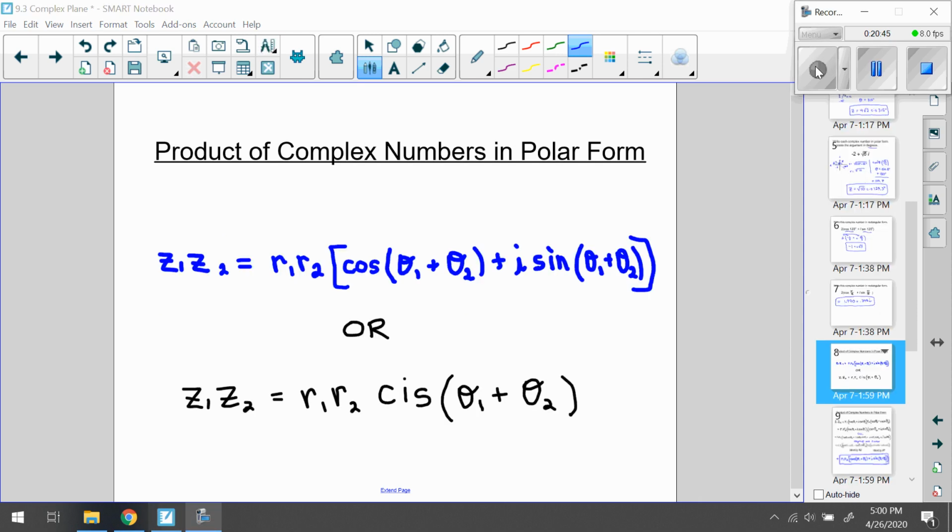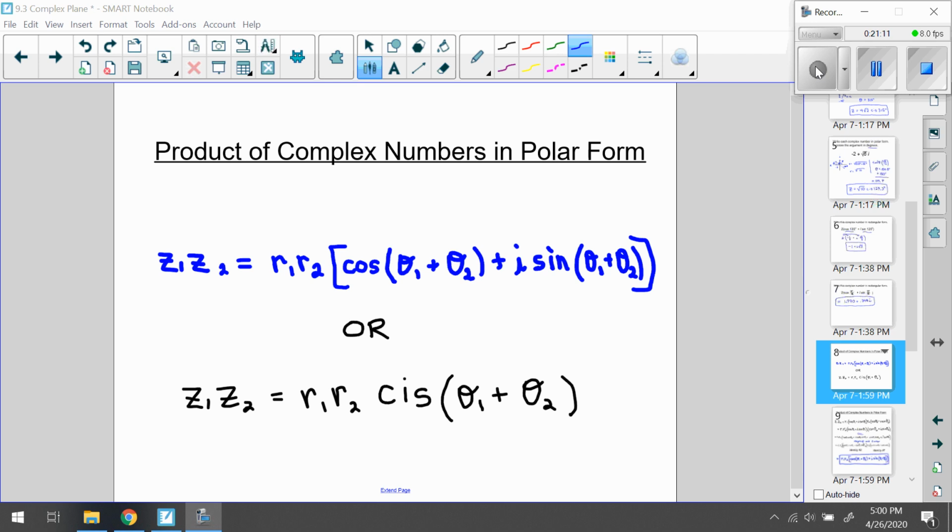Okay, so the last part of today's lesson is we're going to find the product and the quotient of complex numbers. And so they give us a formula that we can use. Actually, a pretty friendly formula. I'm going to show you where the formulas come from, of course, but once you get familiar with the formula, I think you're going to find it relatively easy to use.